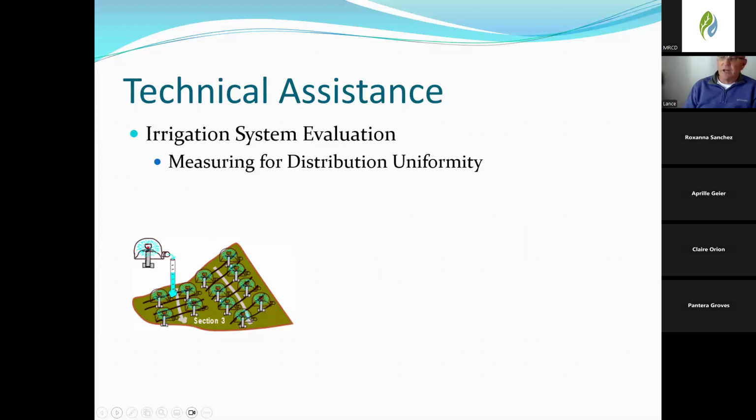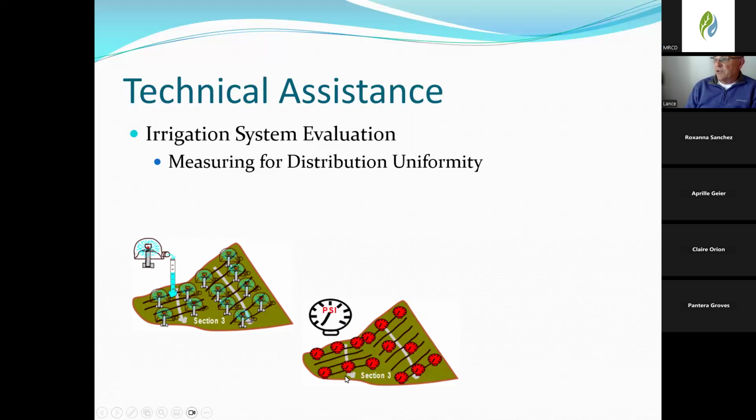The two numbers that we're looking for when we're measuring are the average overall flow, and then we compare that to the lowest performing quarter, or 25%. You take that 25% average number and divide it by the overall average to arrive at a percentage representation of uniformity. And we'll explain how that's used later when we get into irrigation scheduling.